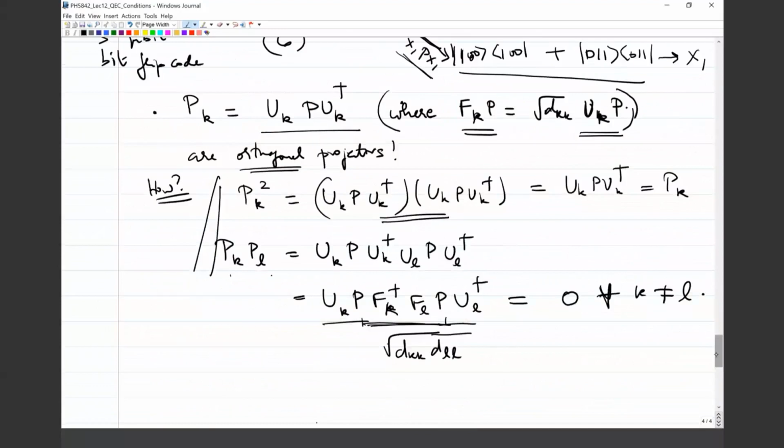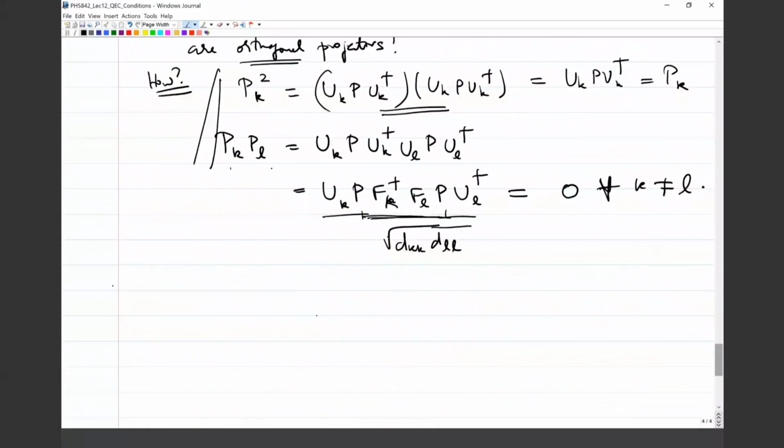So let me just define these P_k. So this is the error detection part. The full error correction part now requires us to apply the corresponding unitary U_k. If you get the measurement outcome P_k, you will have to apply the unitary U_k, right?